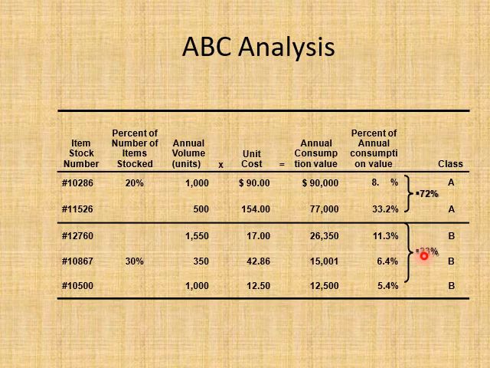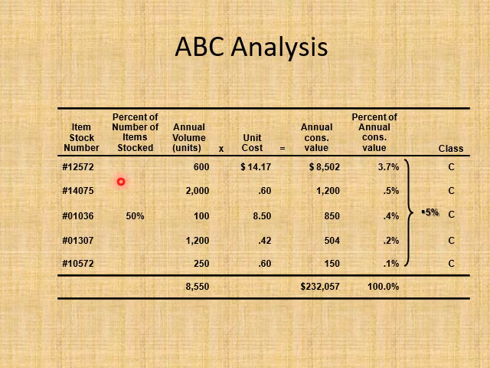In the same way, the maximum value items are kept in class A. Class B items are those in between, with about 23% value. In class C we keep the small number of items, small parts. These are 50% of the total items, with their unit costs, and the total cost is about 5%. So we keep these items in class C.